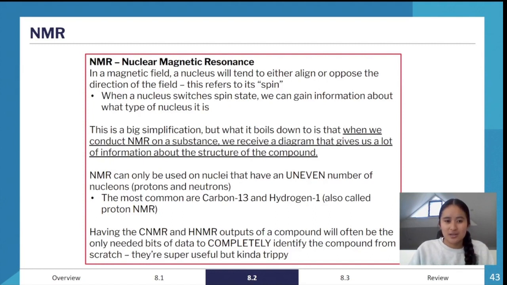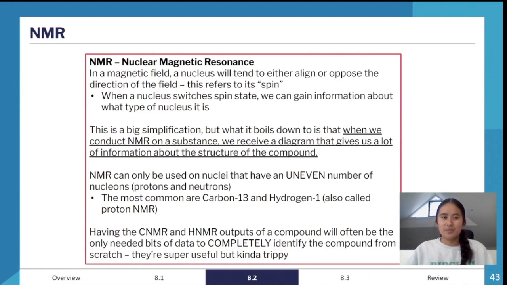And I'll go through how to read those diagrams in a second, but these are the make or break diagrams. If you have a question and it has mass spec, IR, and NMR, you could just read the NMR and you could probably figure it out with a little bit of help from the functional groups IR information, but NMR is just very comprehensive with the information that it gives you.